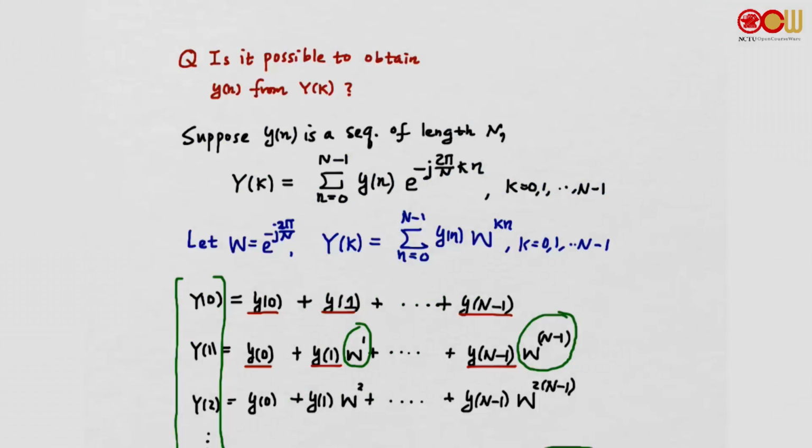Now going back to the question of whether it is possible to obtain yn from Yk, if we are given the DFT samples, is it possible to get back yn? We can now pose this question in a different way.